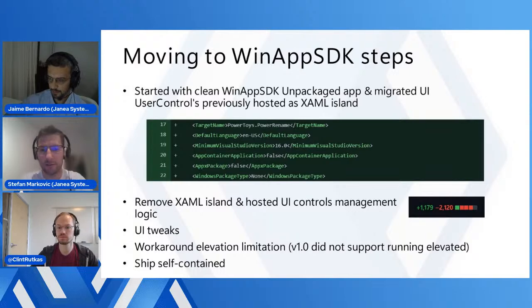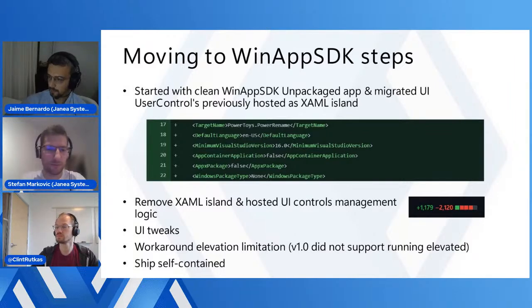So on the right side, there's a picture showing a difference in lines added and removed. The numbers are big because we did some renaming and moving stuff around, but the idea is that our code base, after moving from XAML islands to WinApp SDK, was notably smaller.